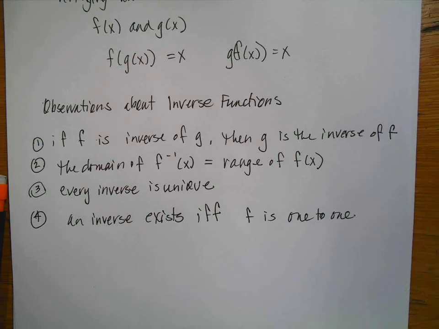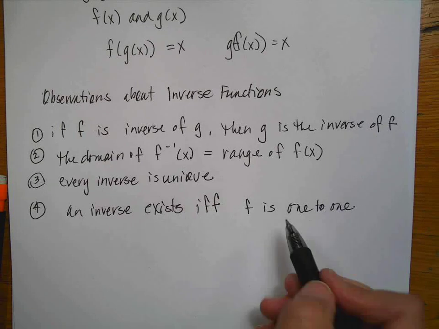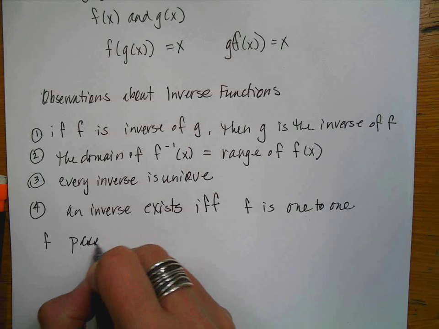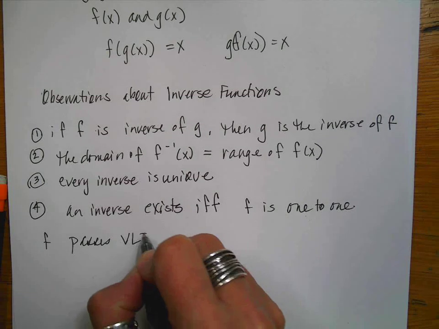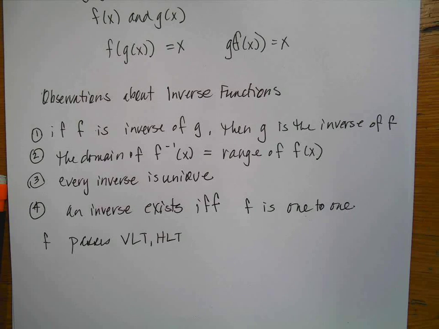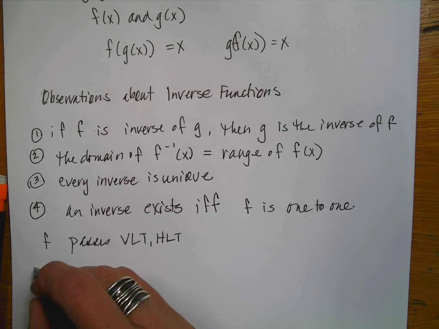And we learned that vocabulary word in pre-calc. A function is 1-to-1 if it passes both the vertical line test and the horizontal line test. And what that tells you is that both the function and the inverse are functions. Okay? Instead of just a relation, they're both functions.